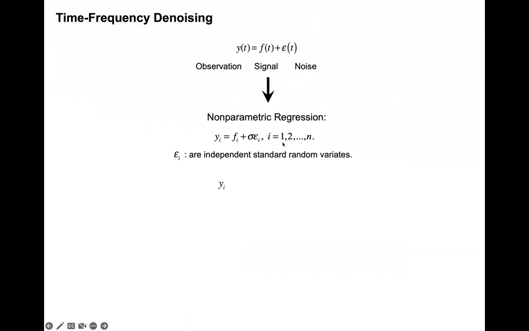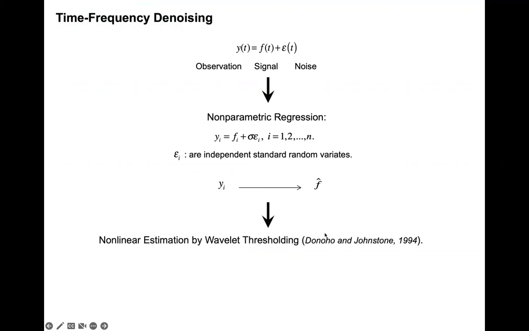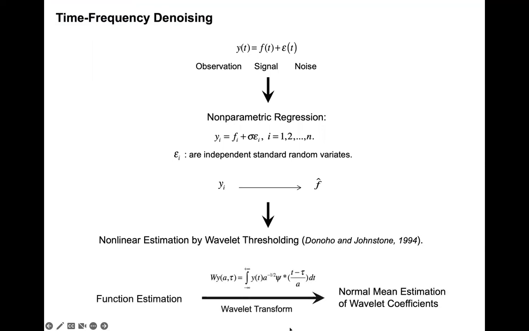Here, the goal is to estimate the underlying regression function, F, or seismic signal, from the noisy observation, but without assuming any particular parametric structure for F. This estimation was mainly Bayesian and linear until 1994, when Donoho and Johnstone proved that a simple thresholding in the wavelet domain can yield nearly optimal nonlinear estimation. The basic idea is to use the wavelet transform to change the problem of function estimation into a problem of estimating the normal mean of wavelet coefficients.